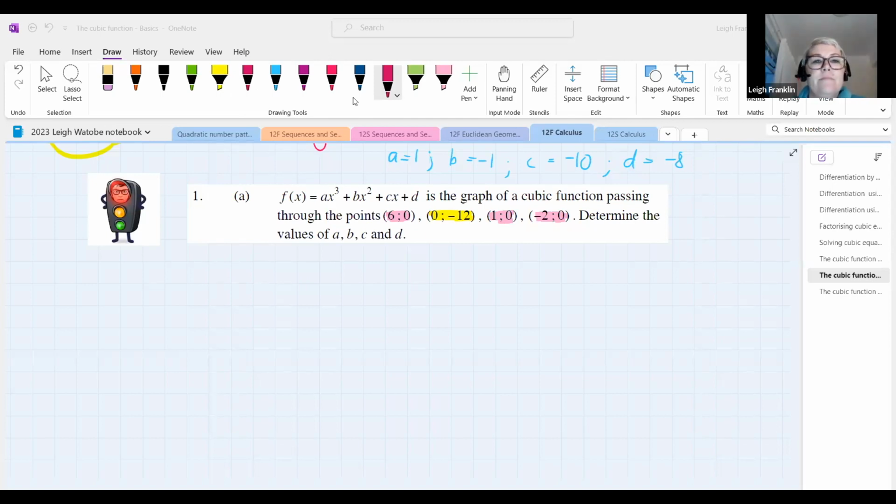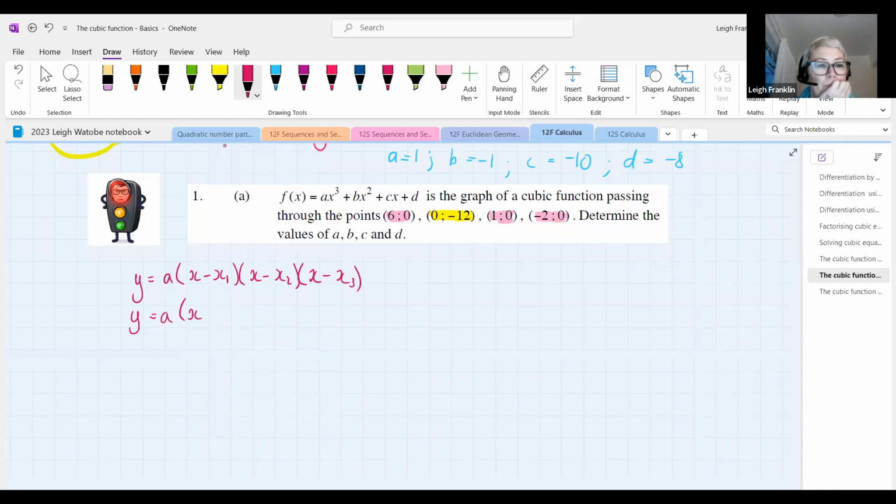Try. Okay, ma'am. I first wrote the formula, which is y equals a, and then x minus x1, x minus x2, x minus x3. Beautiful. And then I said y equals a, x minus 6.